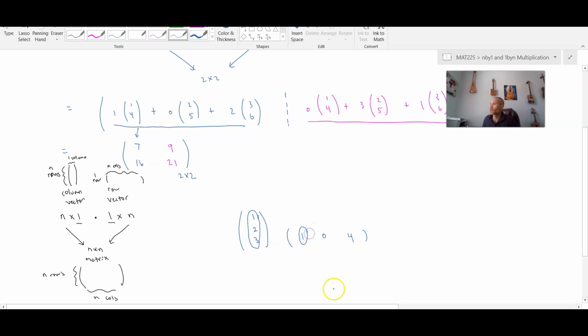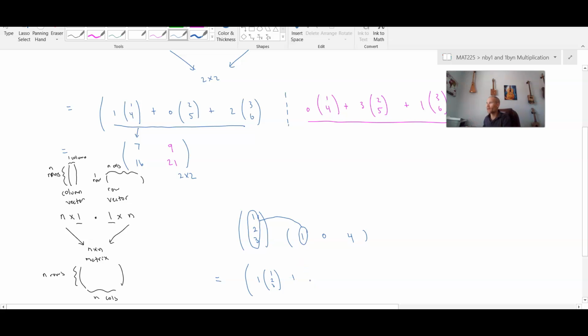Now there's only one element there, but that one element will still scale that single column that we have in our first matrix. So 1 is just going to scale the 1, 2, 3: 1 times 1, 2, 3. But since I do not have any additional columns in the first matrix, and since I do not have any additional rows in the second matrix, there's not going to be anything to add to this.